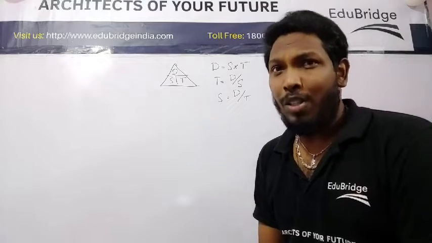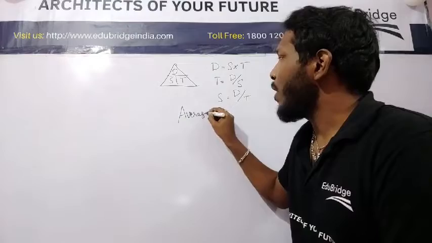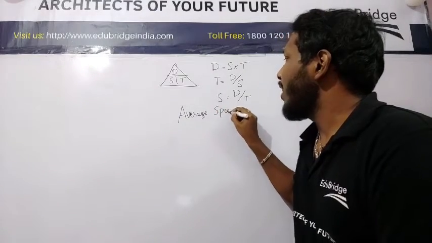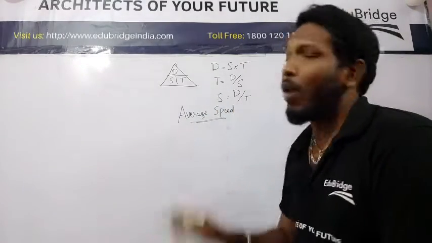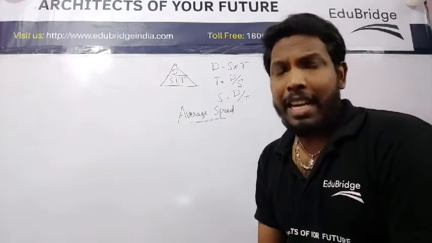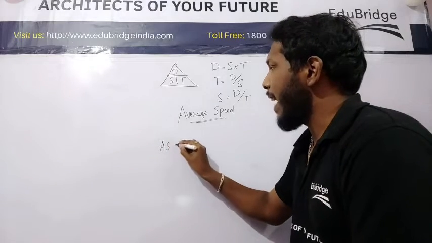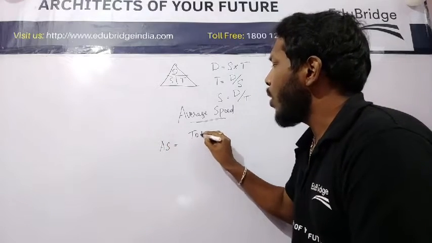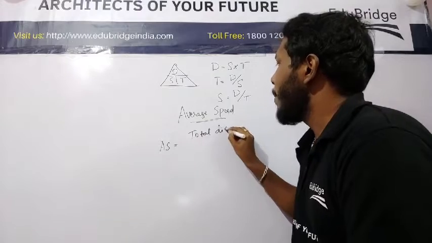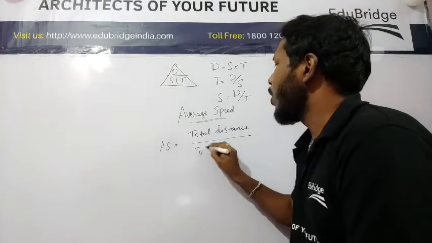Now, today's topic is average speed, where we are going to see how this concept works. The formula for average speed, which is very simple, I am writing as AS, which is equal to total distance by total time.